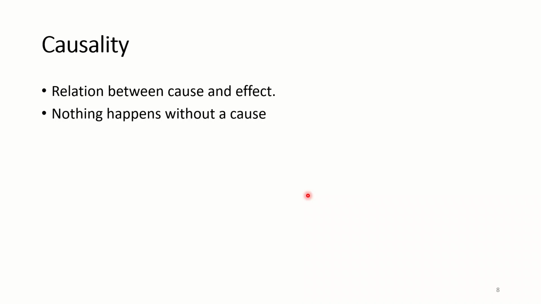The thought of causality is that nothing happens without a cause, and everything happens for a cause only. As a general belief, whoever studies more gets more scores. That's a kind of cause and effect. Such things are there always.